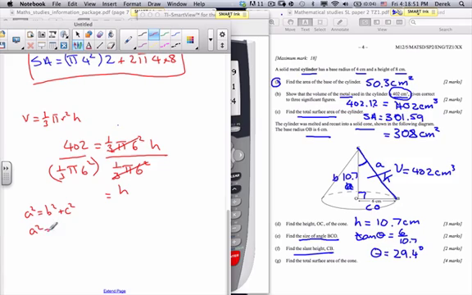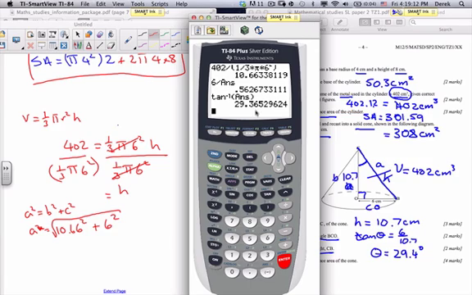So A squared is going to equal my B, which is my 10.7, or let me put in 10.66, I'll just use a slightly more accurate value, plus the 6 squared. And because it's A squared, the A will equal the square root of all of that. So let's put that into our calculator. Let me clear all of this.